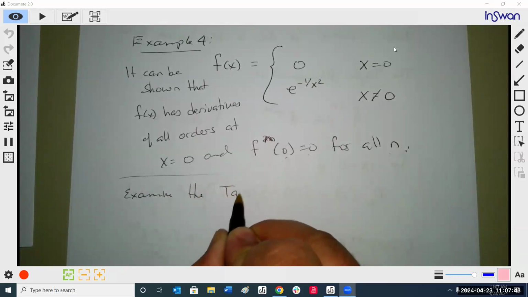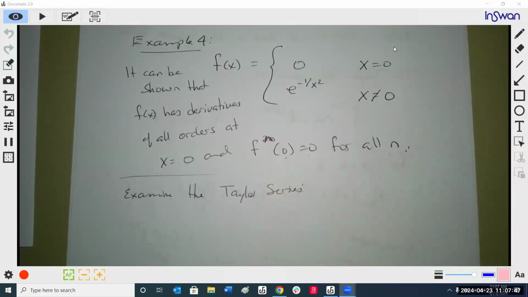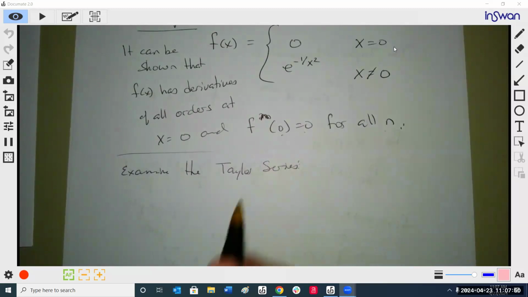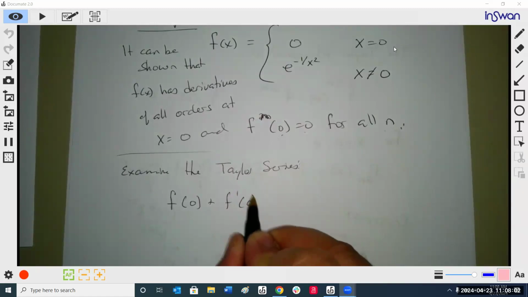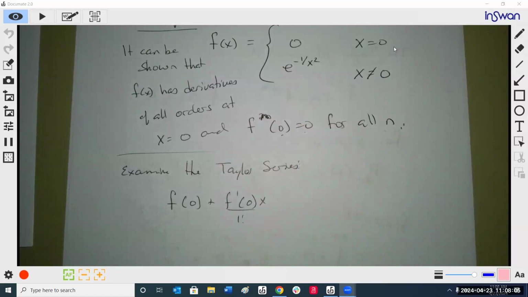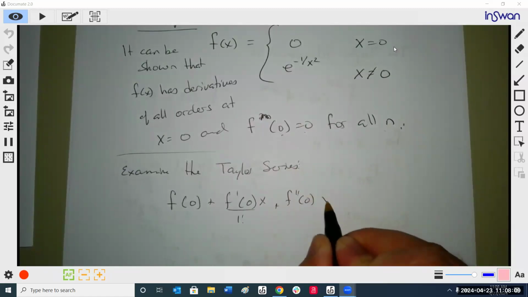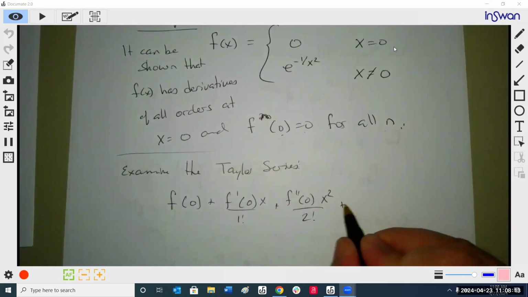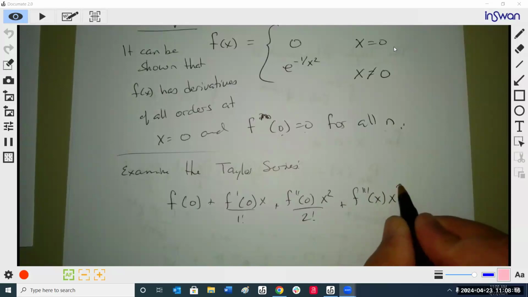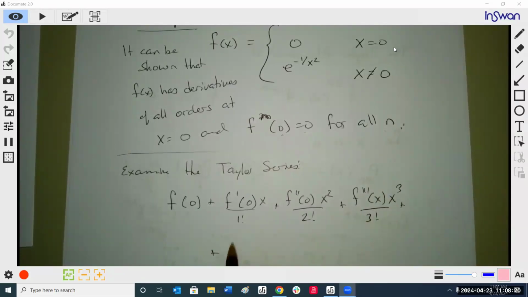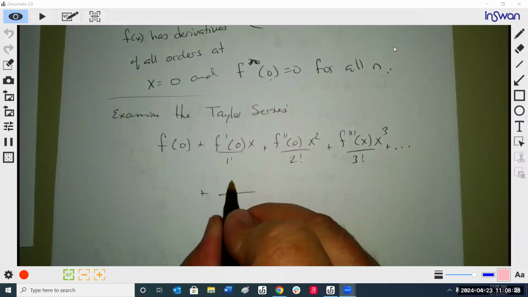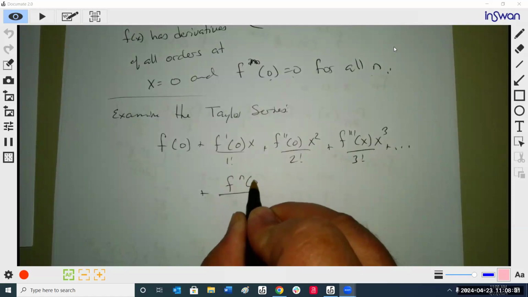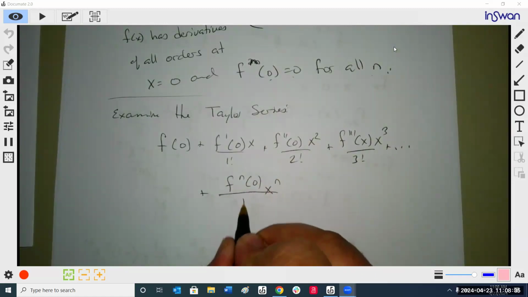Examine the Taylor series. So we have f of 0, f prime of 0 x over 1 factorial, f double prime of 0 x squared over 2 factorial, x cubed over 3 factorial, f of n at 0, x to the n over n factorial.